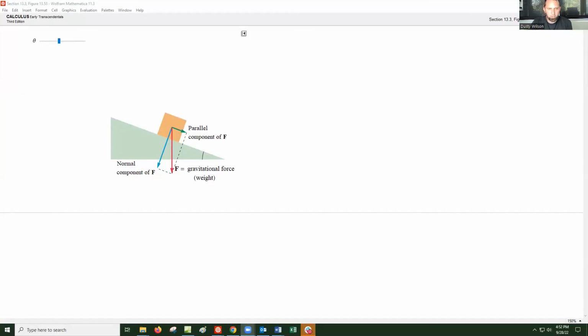In this picture, what I want to point out is that we have some mass represented by the block. And then we can ask ourselves how much of the downward force, the force of gravity, is in the direction that the block is going to slide.